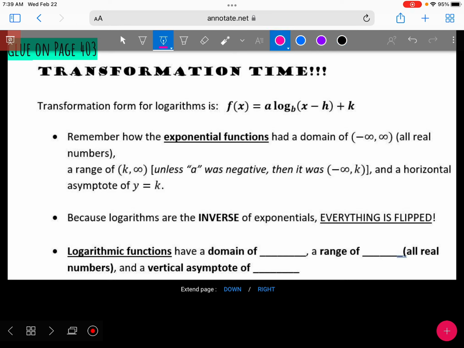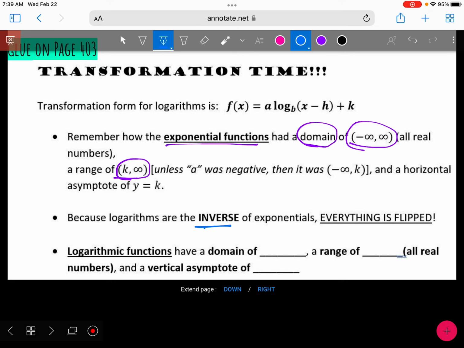So this we just kind of talked through right here. We talked about exponential functions a lot and how they had a domain of all real numbers and a range of whatever to infinity, whatever our K was, in that transformation form.